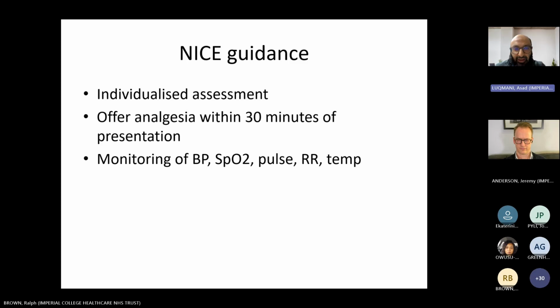This has now become the gold standard recommendation nationally for patients presenting with sickle pain, that the benchmark is that they should be receiving the first dose of analgesia within 30 minutes. And then obviously the vital signs should be checked and monitored regularly. Next slide, please, Ralph.